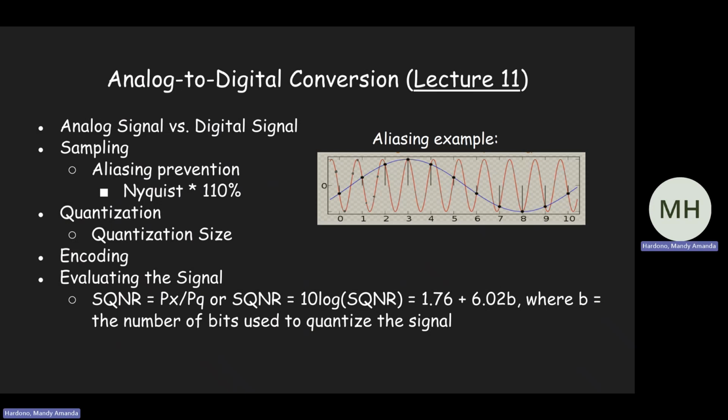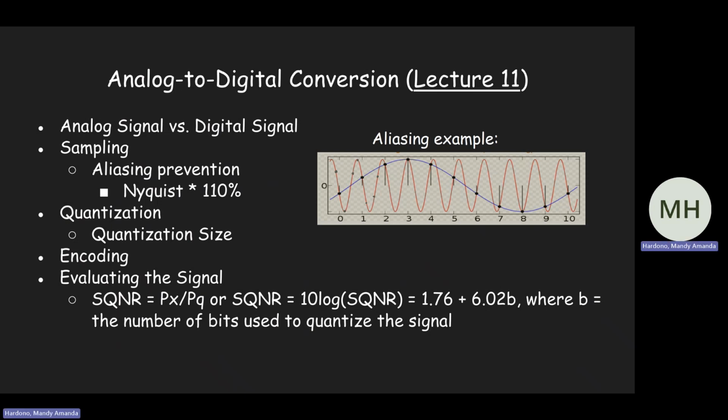Sampling is the process where you take the analog signal, which is a continuous time, continuous valued signal, into a discrete time, discrete valued signal. You do that by taking samples, which are values of the analog signal, and you figure out what values to take by figuring out how often you sample, so your sampling rate.